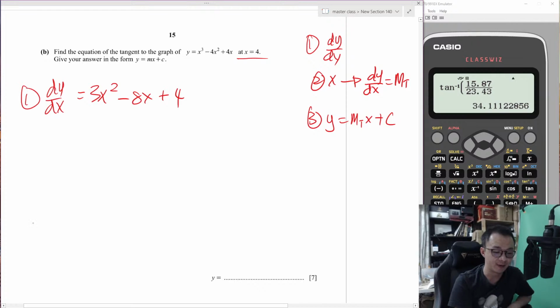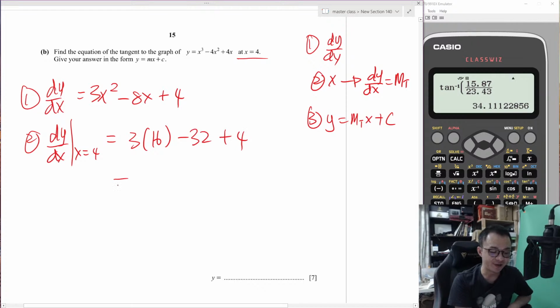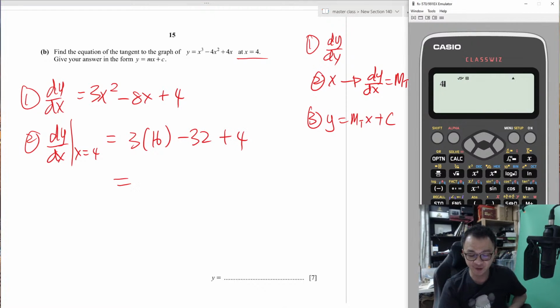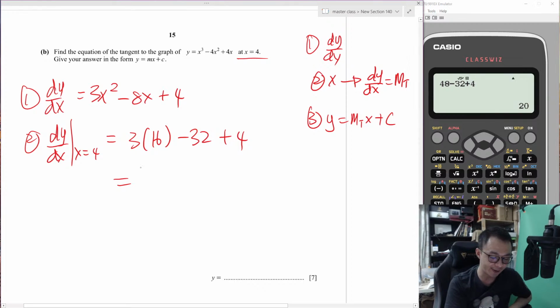Okay, step 1. Step 2, they will tell us x equals to 4. I will sub x equals to 4 into this equation. 3 times 16 minus 32 plus 4. After I sub the 4 into here, it's 48 minus 32 plus 4. 20. Alright, then this one is the gradient of tangent. Then I just form the equation y equals to 20x plus c.